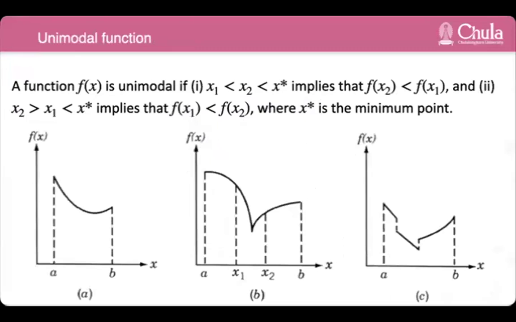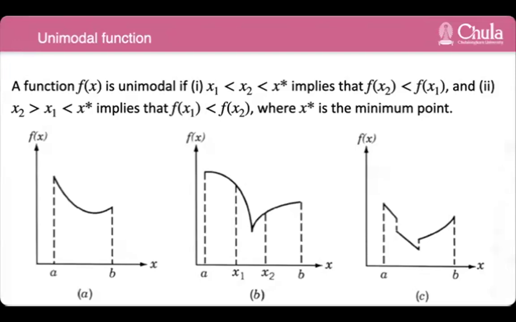We use the property of unimodality. We assume that in a certain region, it is unimodal. And you know the property of unimodal, right? There's only one local optimum in the region we specify.